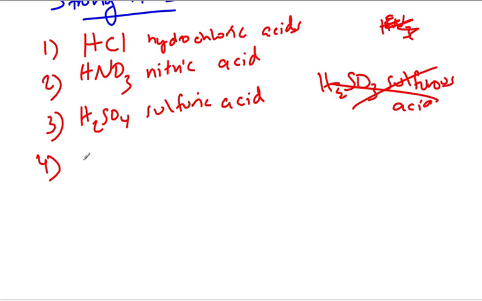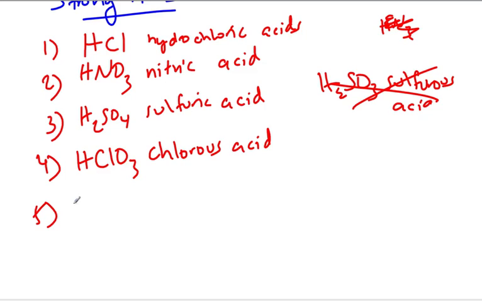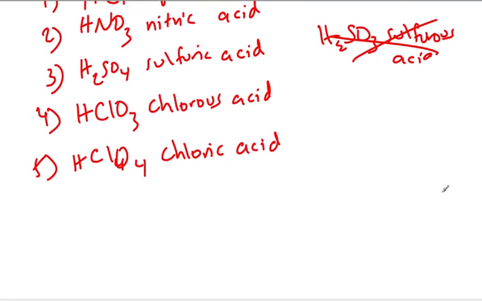Next we have HClO3, which is chloric acid, because ClO4, which is the next one, is perchloric acid. Because this is chlorate, it becomes chloric acid, and perchloric acid.